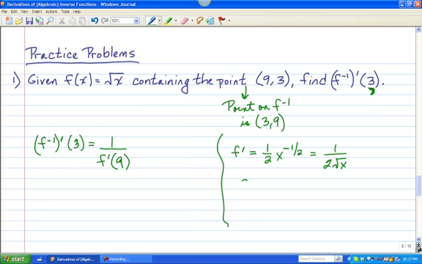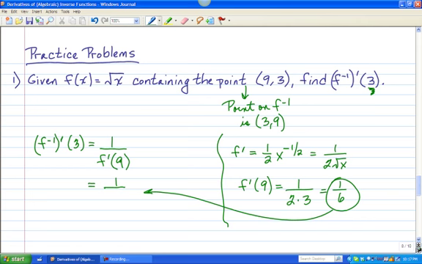F prime of 9 that we need is going to be 1 over 2 times 3, because of course square root of 9 is 3, so we get 1/6. So we're going to take this 1/6 and put it into our main formula for finding the derivative of an inverse. So you have 1 over 1/6, which in the end is equal to 6.